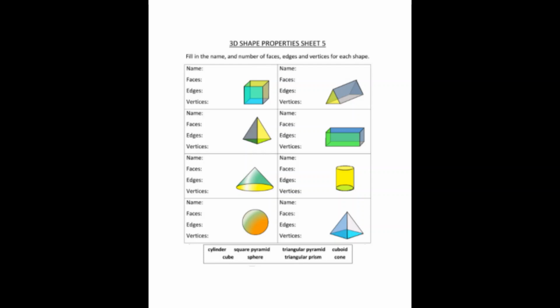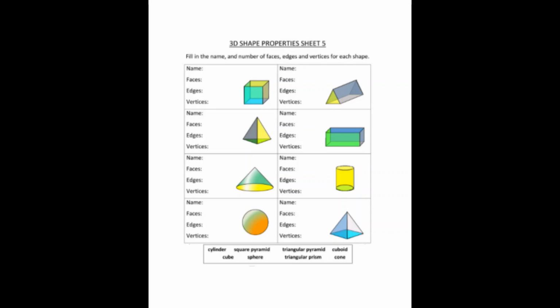And I left you a name list down below so you can identify which one is which. Okay, so I didn't mention any of these before because, well, if I tell you the names of them, you're going to already have the answer.